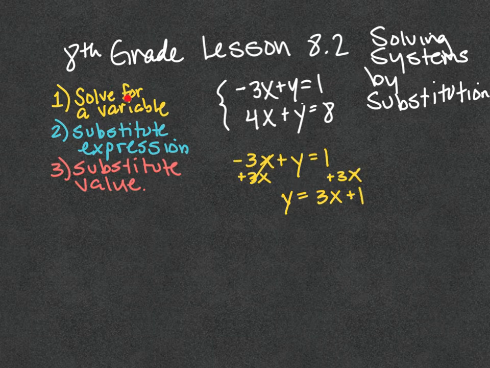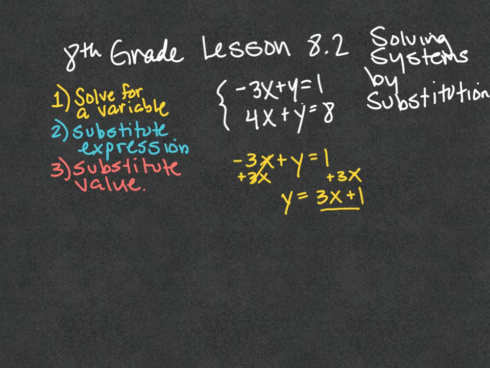When I say solve for the variable, it doesn't mean I'm getting an exact number over here. I'm just getting one of the variables isolated. So I isolated the y, and that step is done. Now I know y equals this. I don't know what number that is because I don't know what x is, but it does equal this, so I'm going to underline that. Now it says substitute the expression for the y in the other one.